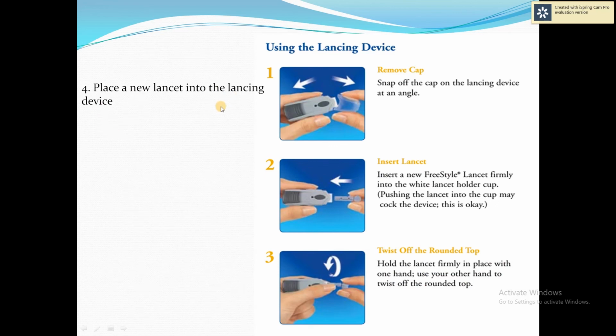This is also to be kept in mind: use a new needle every time you measure your blood glucose, as the needle is the main thing which can cause infection.